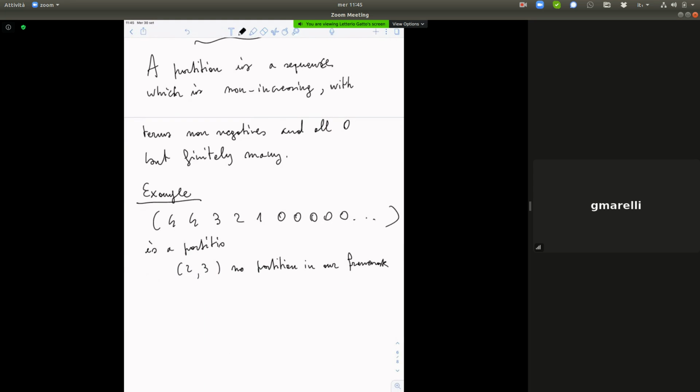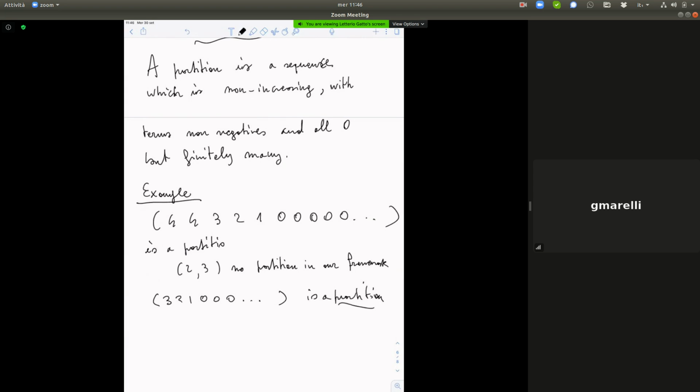And 3, 2, 1, 0, 0, 0 is a partition. After 3, 2, 1, we have 0, 0, 0, and I put just 3, but I should put infinitely many. And we don't want to put infinitely many zeros, also because we are not able to, since we would need an infinitely long life.